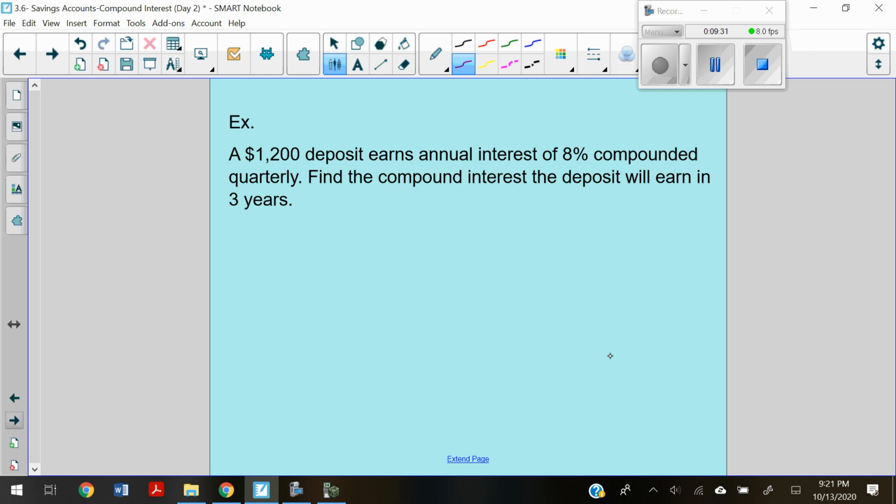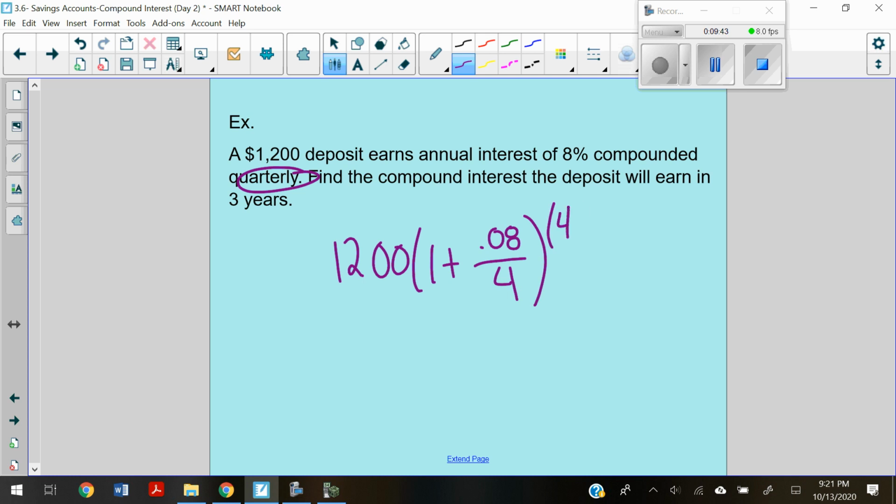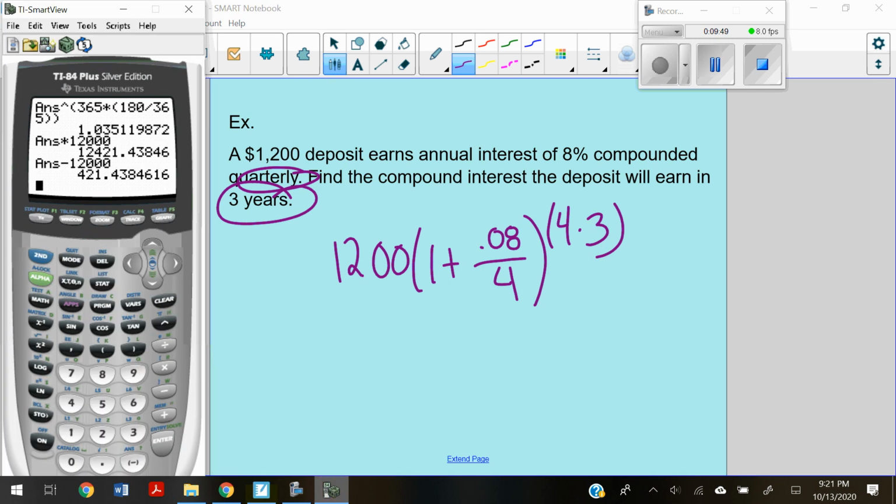All right, let's see. Did you put in 1,200 times 1 plus 0.08 divided by, it says quarterly, so that's 4. And then 4 times, how long? 3 years.